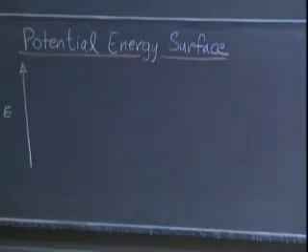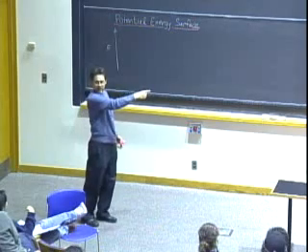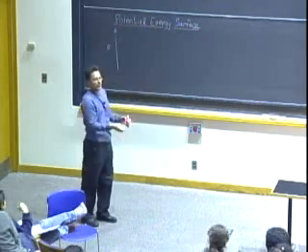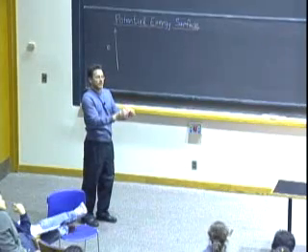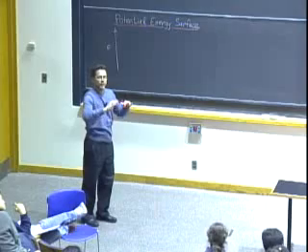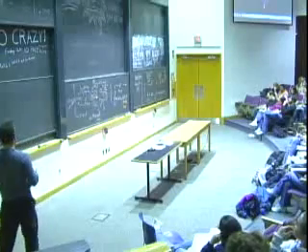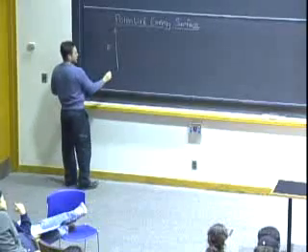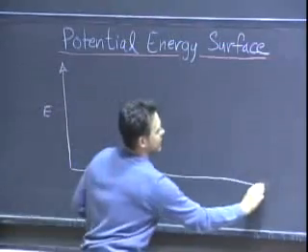So we like to draw energy level diagrams that have orbitals on them or states on them. But sometimes what we like to do is to try to describe the total energy of the system, fold all these different coordinates into one, and look at the total energy of the system as a function of where we are along a chemical reaction coordinate.